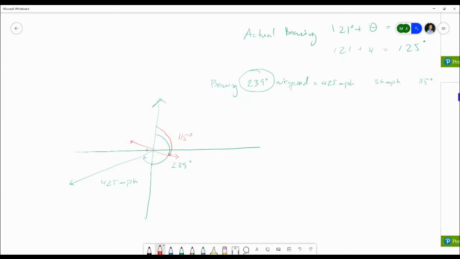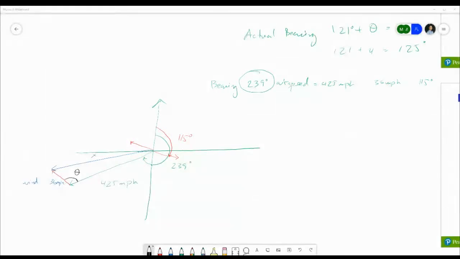Now, in order to get the magnitude, I need to move this over to here to create my parallelogram and find my resultant force. So my resultant vector is the blue one. Okay, so this is wind, and it is 36 miles per hour. Okay, so now I need to find what this angle right here equals. Let's call that theta, and call this x. Okay, any questions so far on how to sketch this?